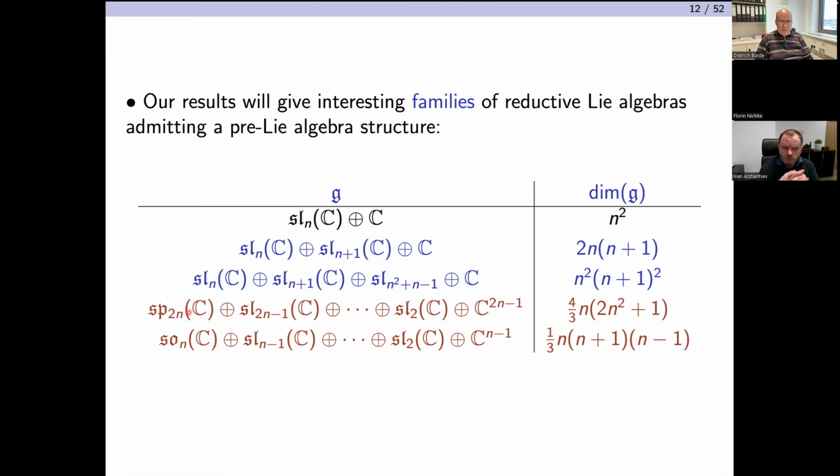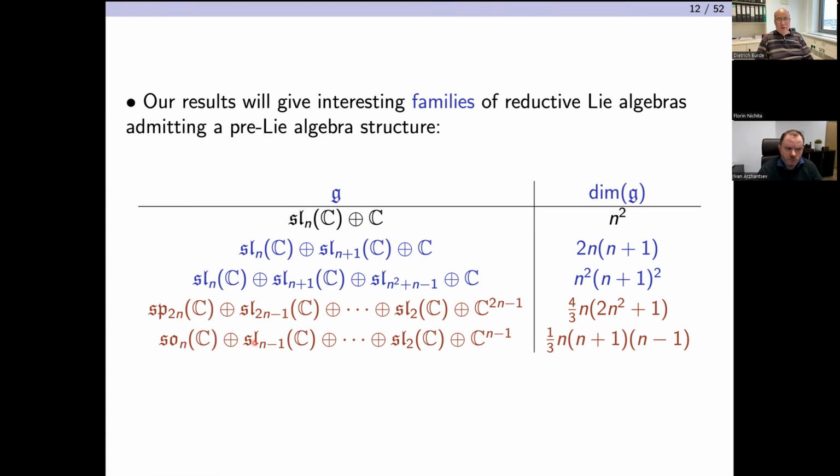This is like an Sp_2n here, and then you have SL_n's. And this is an SO_n, which can also appear. These two are interesting for many reasons. First of all, to see that other factors like symplectic or even orthogonal ones can appear.